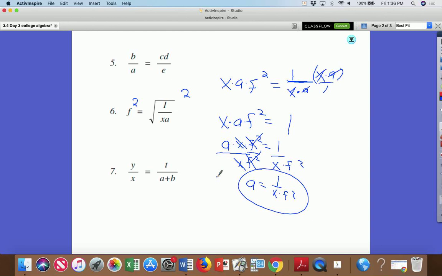Good start. Now the only thing is you're trying to get that a by itself, so I would think about, don't divide by t. See if you can get rid of that. So solve for a. That'll work. Very good.